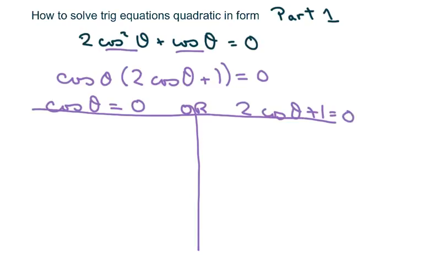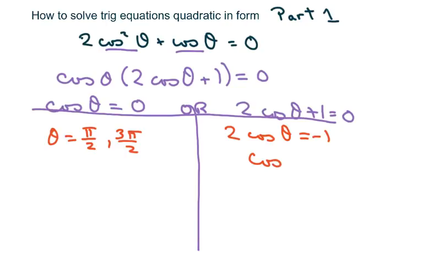We already know from this one that cosine of theta is 0 at pi over 2 and 3 pi over 2. Now on this side, I'm going to have to subtract the 1, then divide by 2. And we know that the angle where cosine of theta is negative 1/2 is 2 pi over 3 and 4 pi over 3.